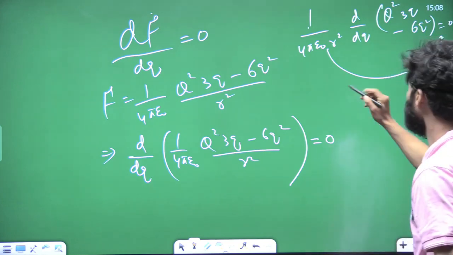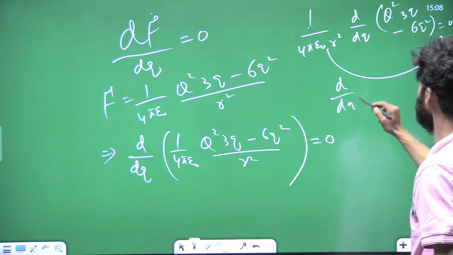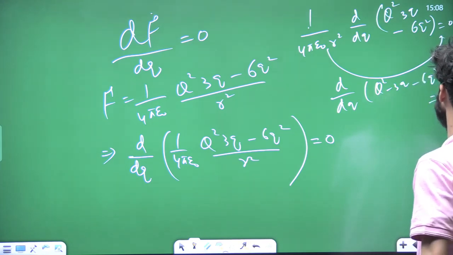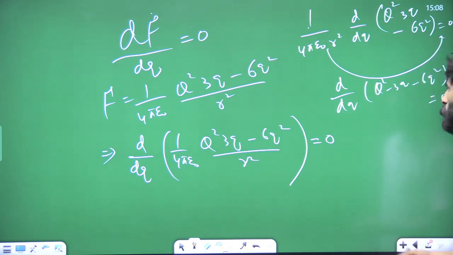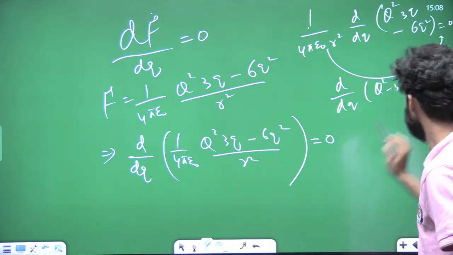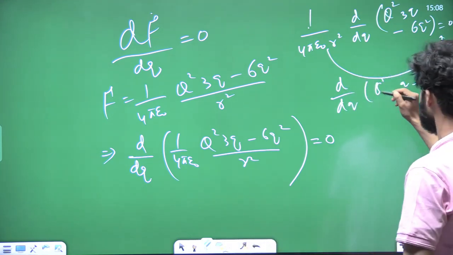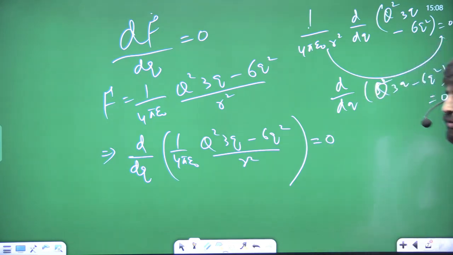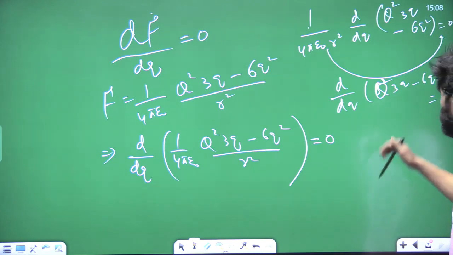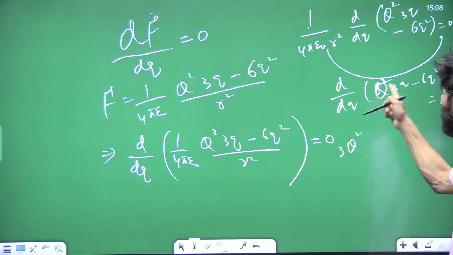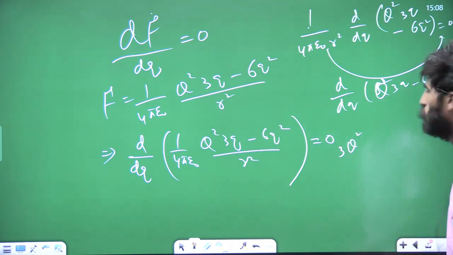Now we are left with d by dq of Q square 3Q minus 6Q square equal to 0. Differentiating, 3 stays outside, Q square as it is, and differentiation of Q is 1.